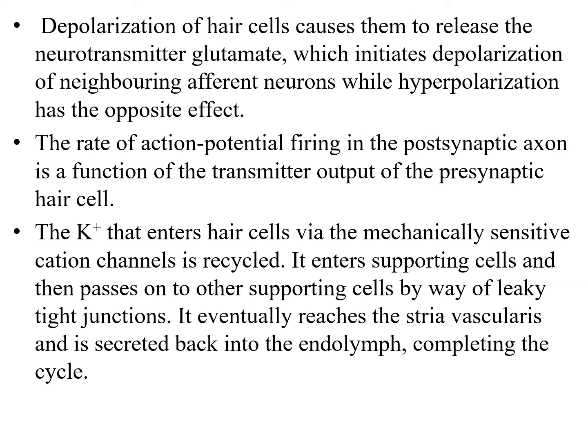The junctions between the hair cells and the supporting cells are tight, while the junctions between the two supporting cells are leaky in nature, through which potassium can go through. Eventually they reach the stria vascularis, which I talked about when I was discussing the diagram of the organ of Corti. The stria vascularis again secretes the K+ ions back into the endolymph, completing the cycle.